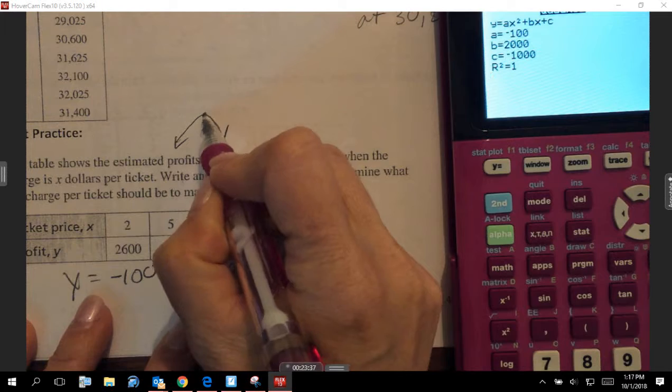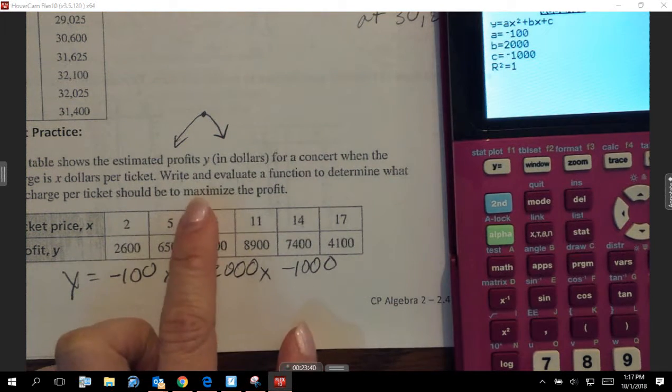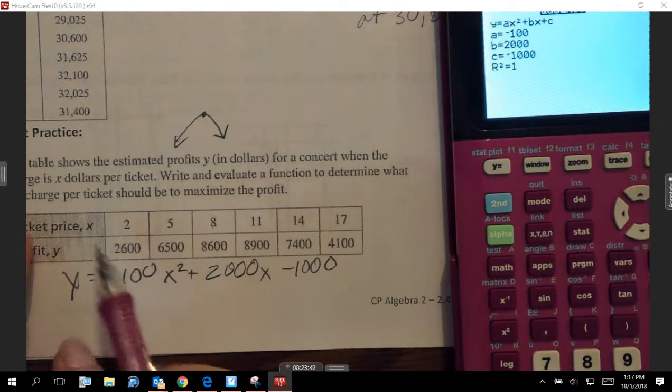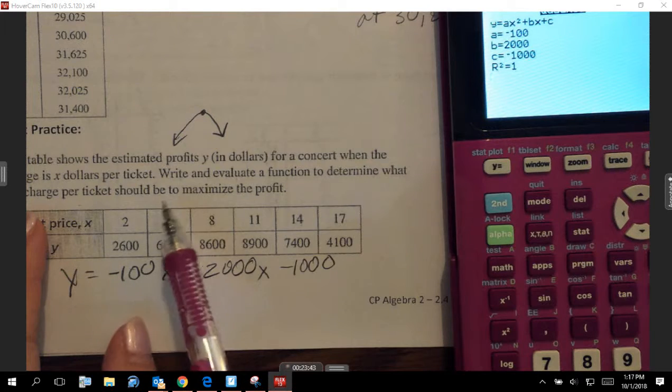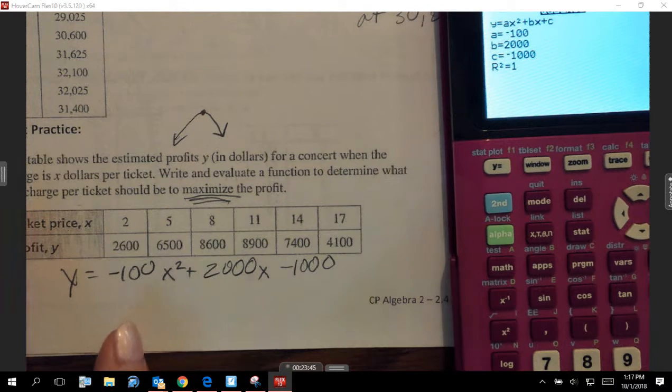The reason I'm asking is because this says to evaluate a function to determine what charge per ticket should maximize the profit. So we're trying to find how much to charge per ticket, what the x is, so that we can have the highest profit. Does that sound like something you might want to do if you own a business someday?